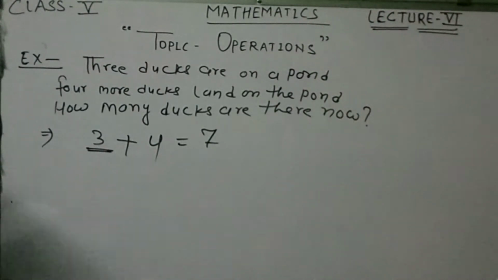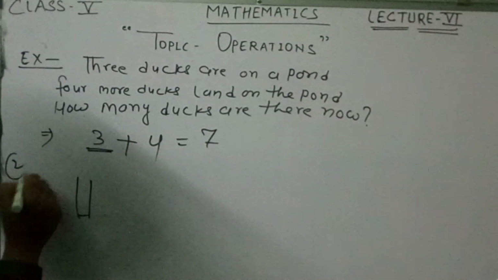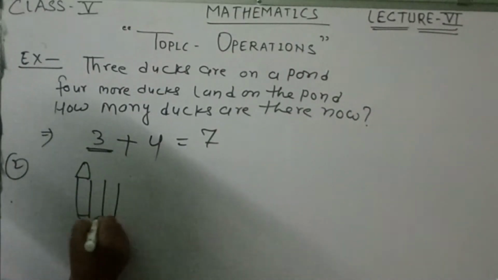Same way, if I tell you seven candles were burning on a cake, John blew out three of them, how many were left burning? Listen, seven candles are burning. Suppose, second example, seven candles are burning here.